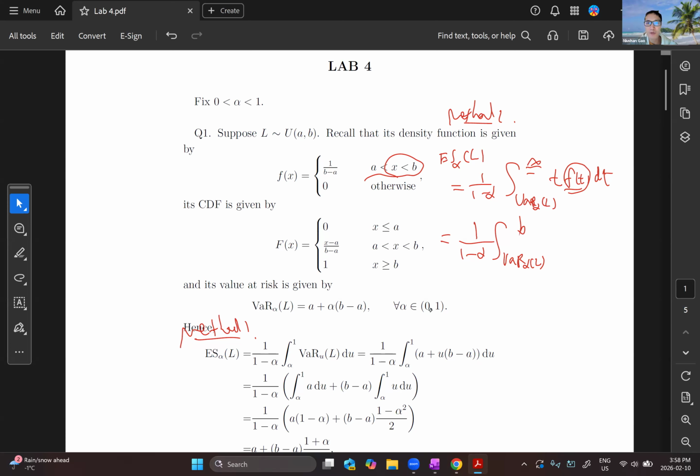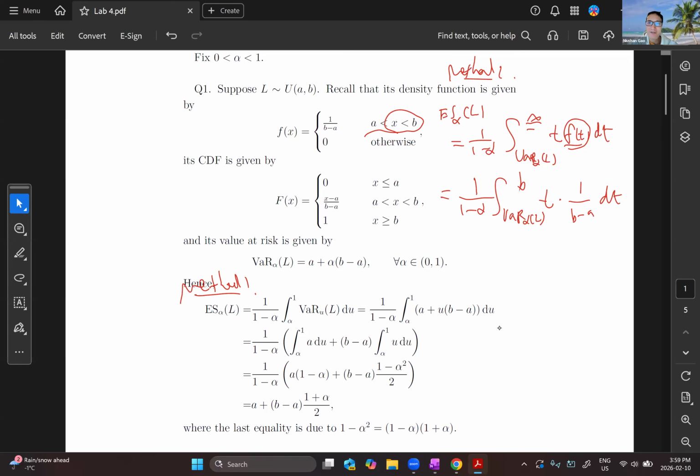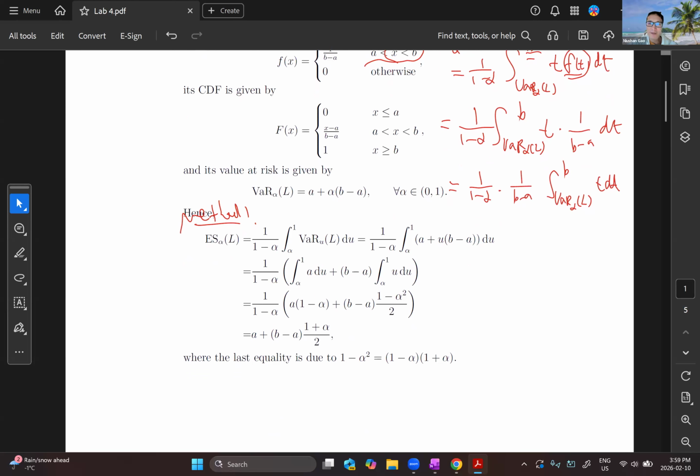So put it to b. And t times the density function, which is 1 over b minus a, dt. So that's it. It would be 1 over (1 minus alpha) times (b minus a), times the integral from the value at risk to b of t dt. Then you can see the antiderivative of t is what?